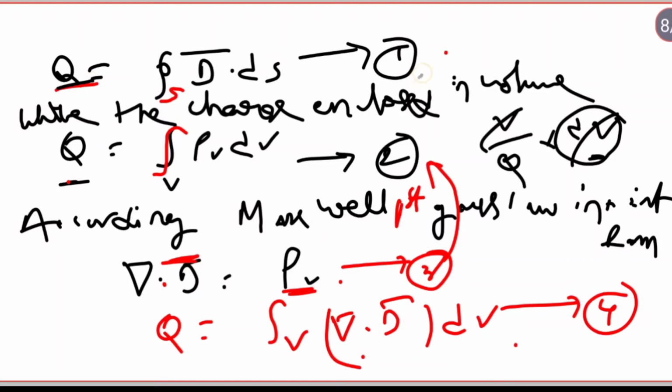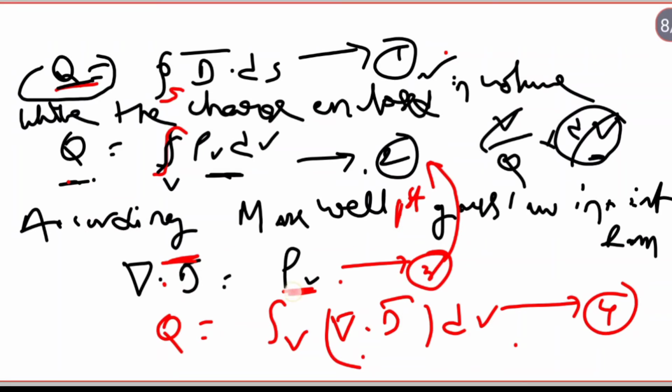Make it equation number 1. We can write q in terms of volume charge density as volume integral rho v dv. Volume charge density is total charge by total volume, and multiplying by volume gives q again. Make it equation 2.